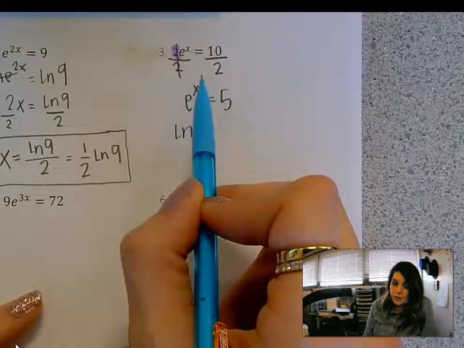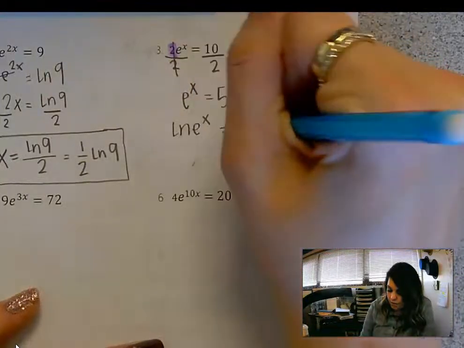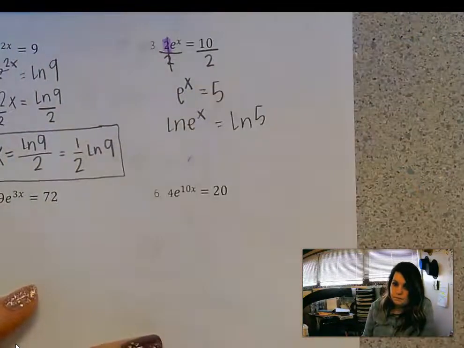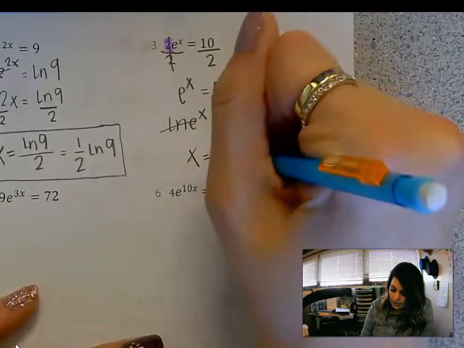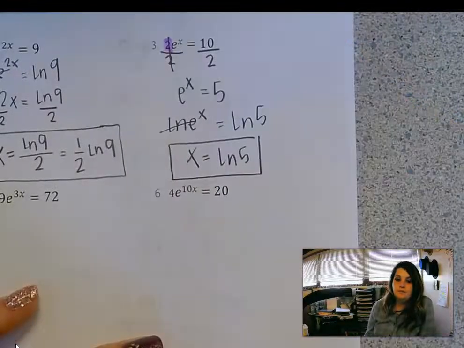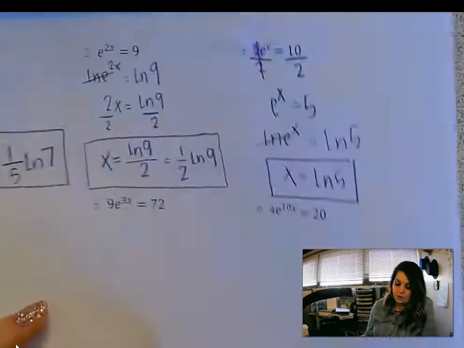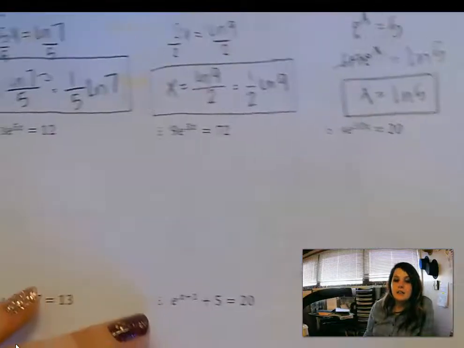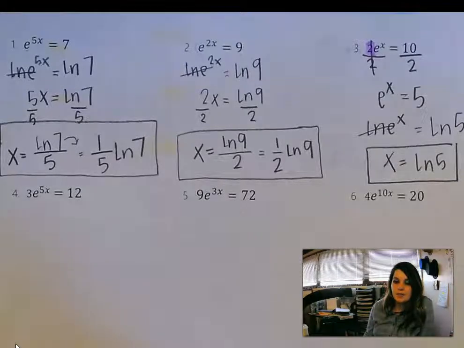It has to be natural log e equals natural log 5. These go away, and x is just the natural log of 5.